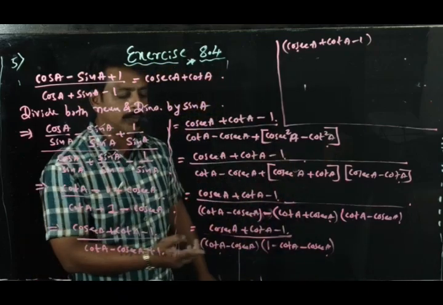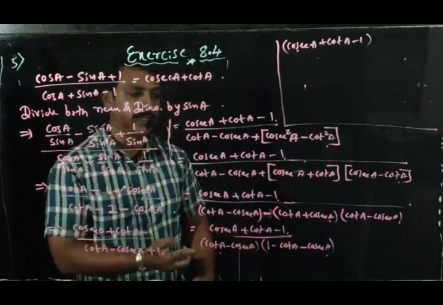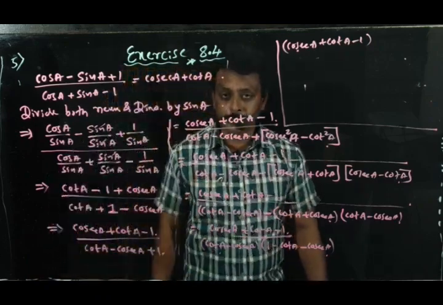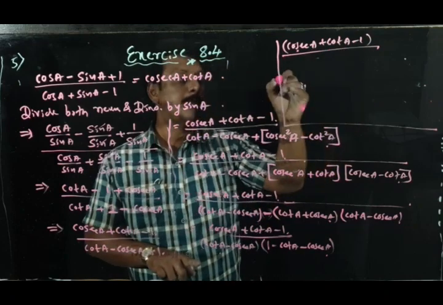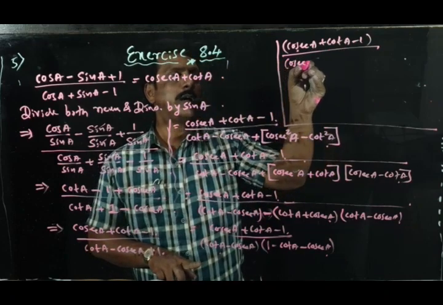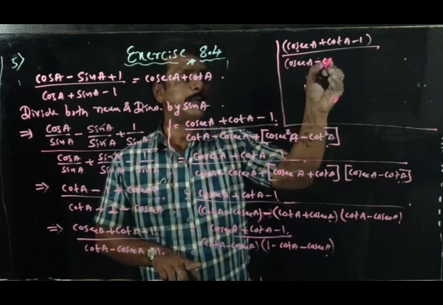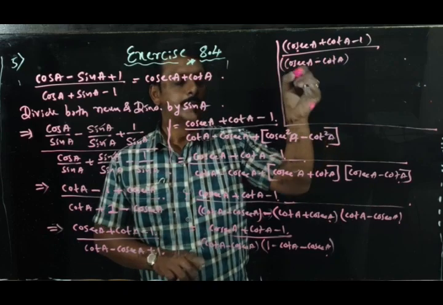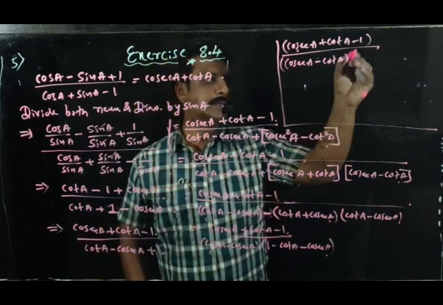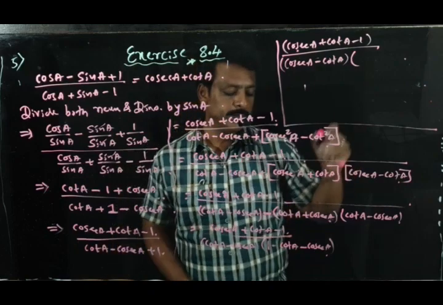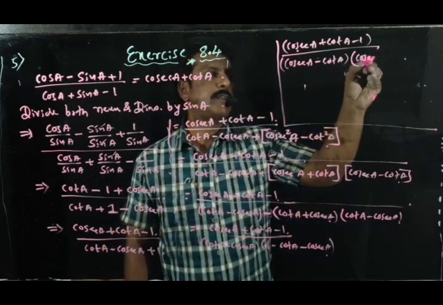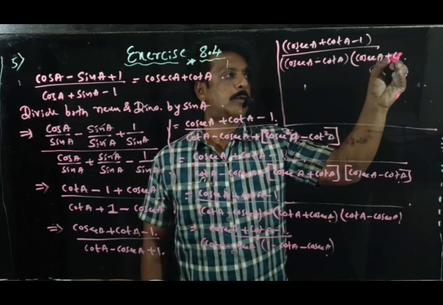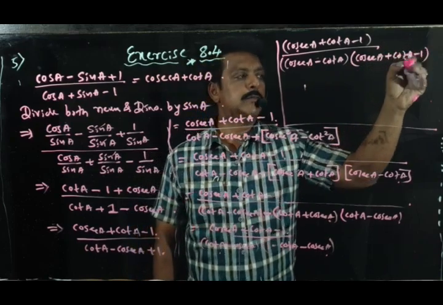Then here also we are taking minus common. Minus into minus becomes what? Plus. That's why whole divided by, I am writing cosec A minus cot A reversed. And this also I am going to reverse as sign. All signs are going to change as cosec A plus cot A minus 1.